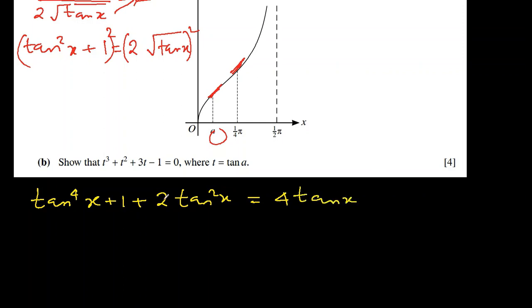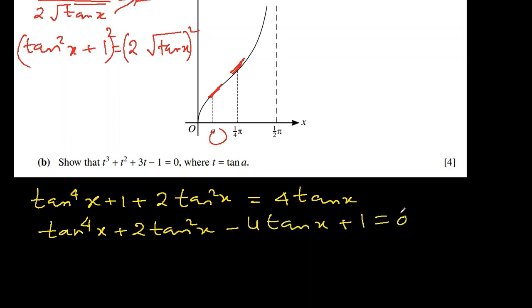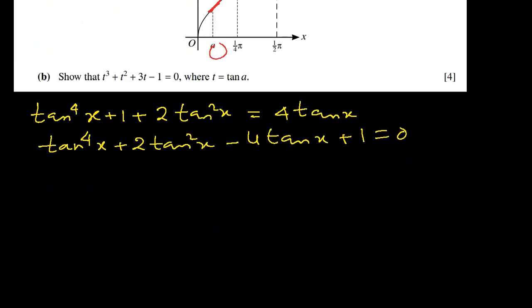Alright, let's bring everything to the left side. It becomes tan to the power 4 x plus 2 tan square x minus 4 tan x plus 1 equal to 0, and it does not match with this if we write tan a. So we know that this will be true because we equated it to 1.